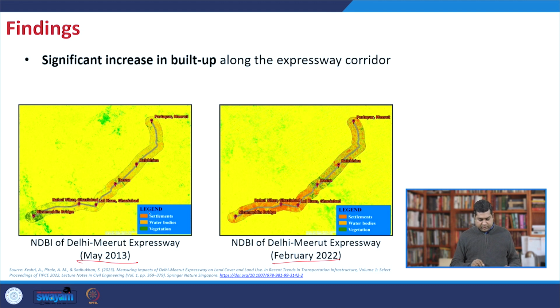If you just concentrate on the settlement, the built up is shown in this orange color. In 2013, you cannot see much of those colors representing the built up, and there is a significant change that you can see in this particular map.